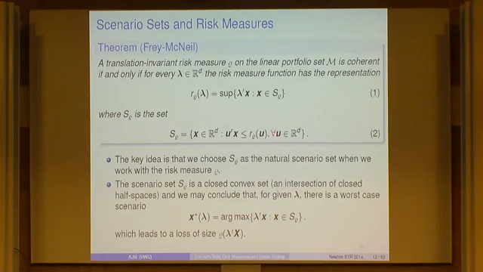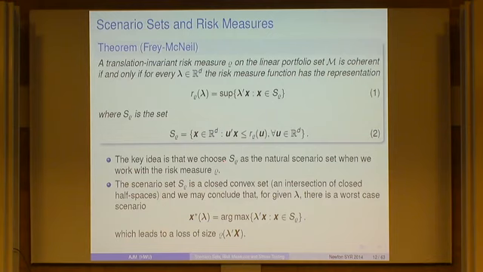Because this is the intersection of half spaces, which are trivially convex, the intersection is also a convex set. The idea in relating risk measures to sets is that we choose S rho as the natural scenario set when we work with the risk measure rho.